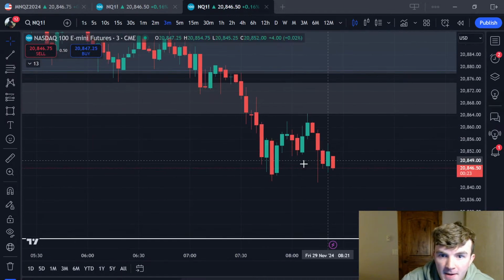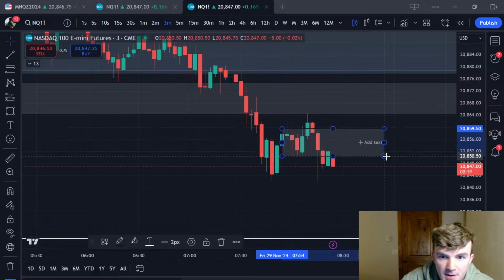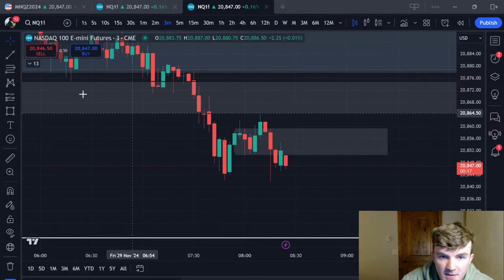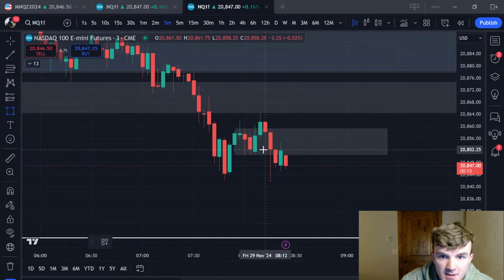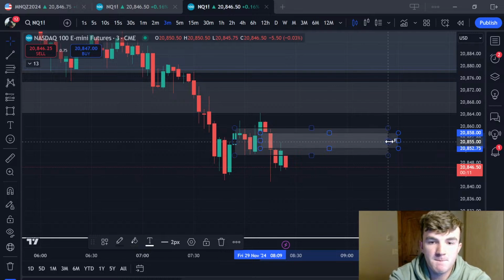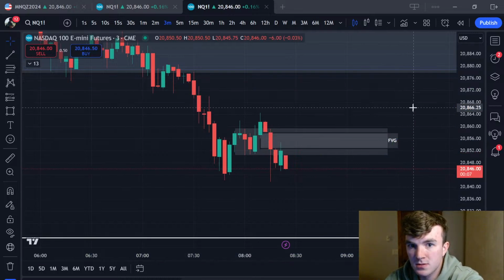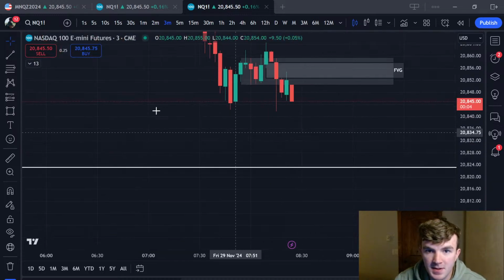We got a breaker here overlapping with a fair value gap. So we're honestly about to dump.